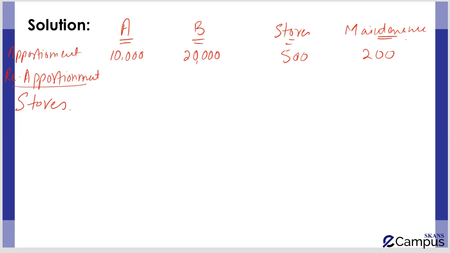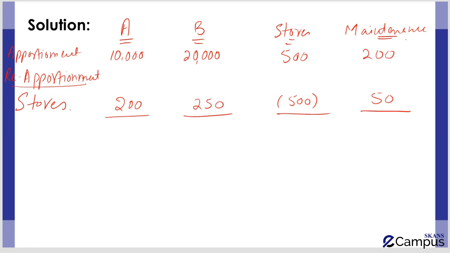So when we reapportion the stores, we will charge 40% to A, which is 200 of 500, 50% to B, which would be 250, and 10% to maintenance, which is 50.